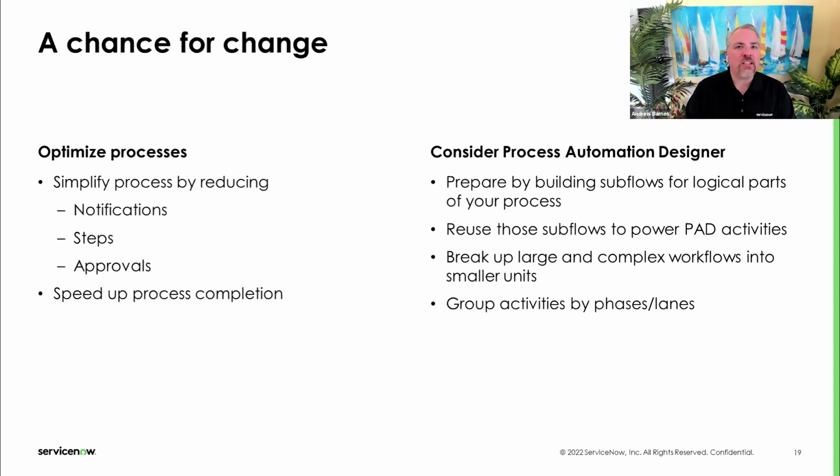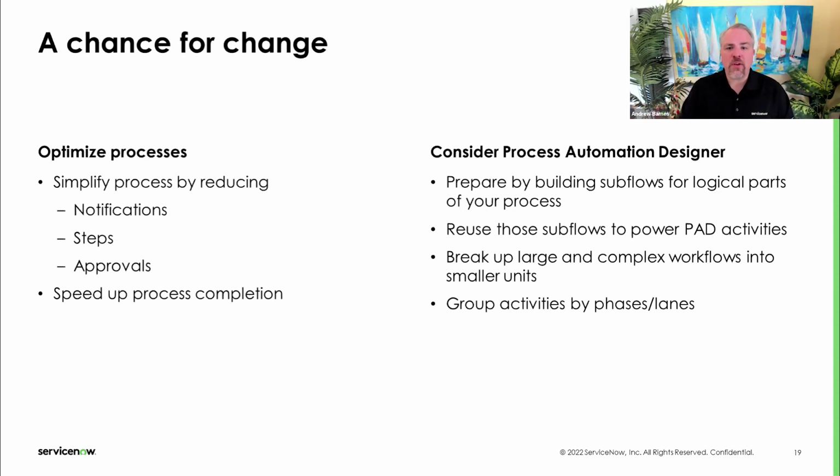So there's lots of opportunities when you're doing an overhaul to not just use the new tool directly, but you get to unlock the things that that new tool is providing you in those powerful actions and in things like the subflows that you build that are reusable and can centralize those processes for you and unlocks other opportunities, like we said, like being able to use Process Automation Designer.